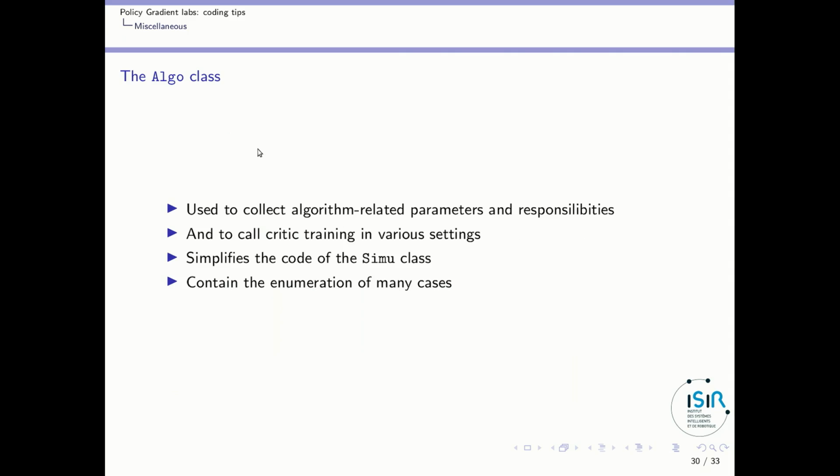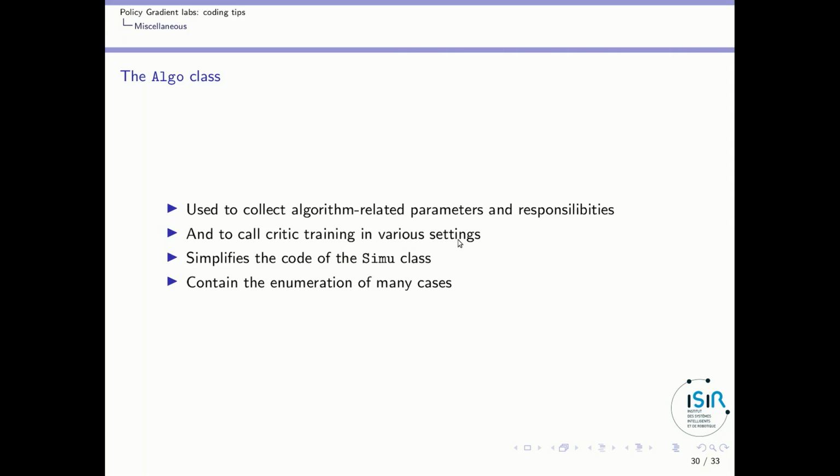A few various things to finish. So let me say that you will find an algo class which is used to collect a few algorithm-related parameters and responsibilities so as to make the code a little clearer. Okay, that's algorithms that will call Critic training under various settings.